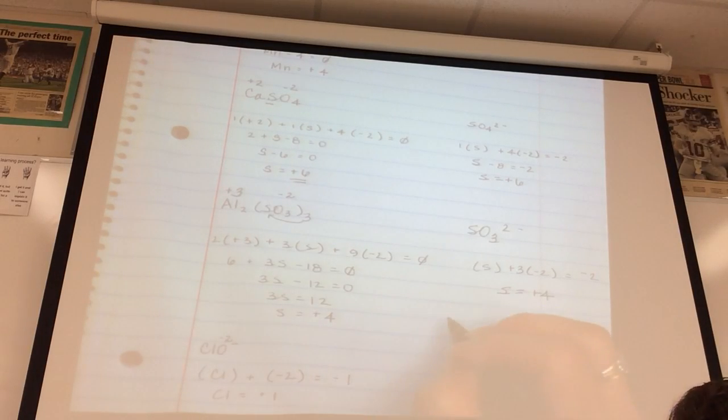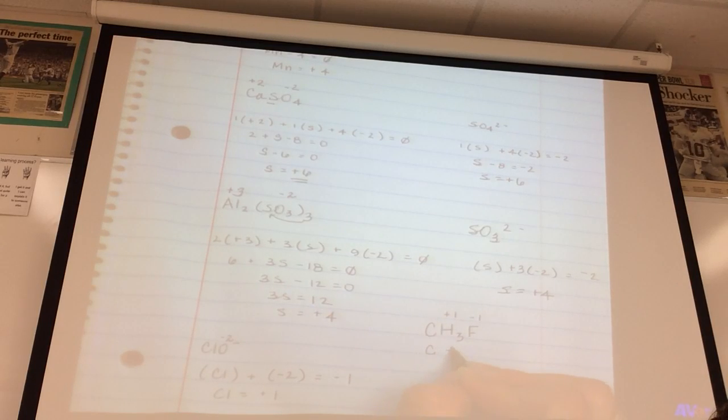Now this one also is a little funky. This is methyl fluoride, a polar covalent compound. F in a compound is always what? Good. Carbon's weird. Hydrogen in this case is +1.